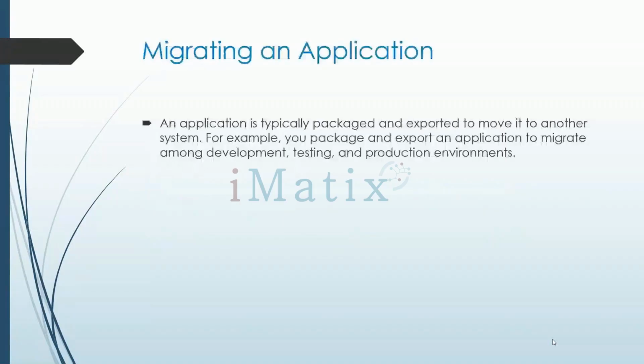Now, generally, for any application you take, we will be dealing with different environments. Development would be carried out in one environment, whereas testing is carried out in another environment. Then maybe production has another environment, likewise.